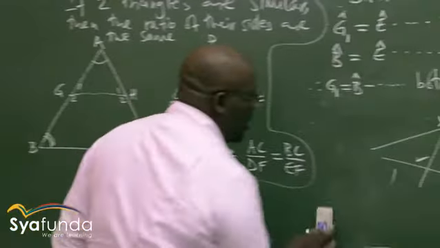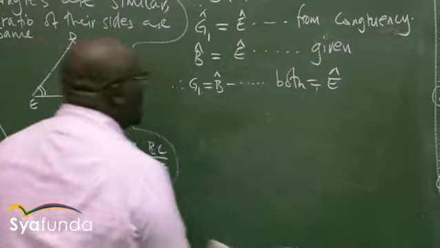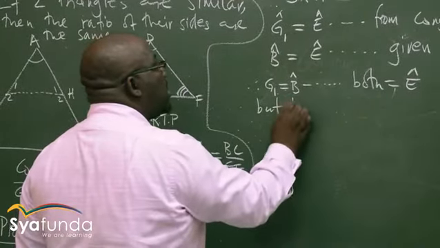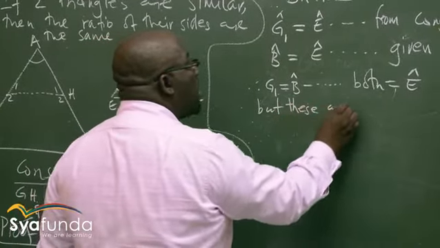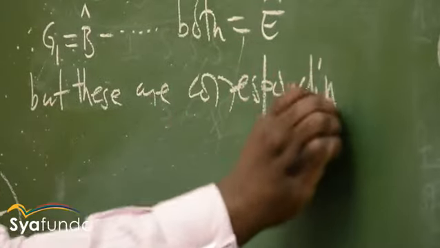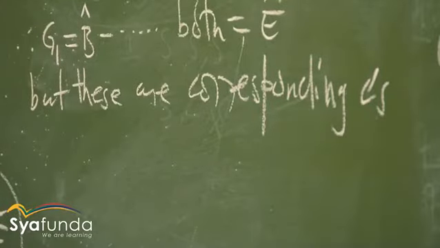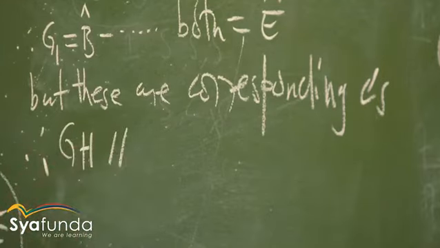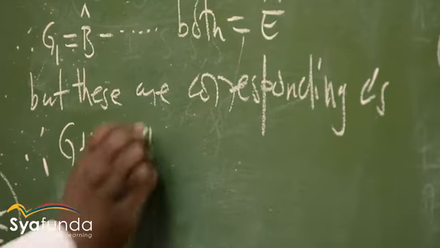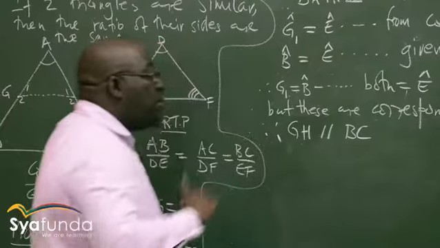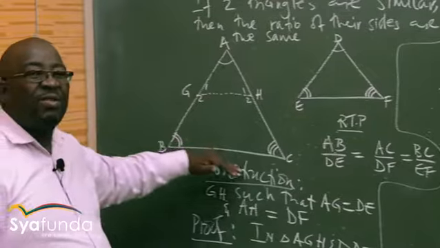If we say G1 is equal to B, because they are both equal to E, and these are corresponding angles, therefore line GH is parallel to line BC. Right. That's what we wanted to get. Therefore, GH, this one, is parallel to this one.